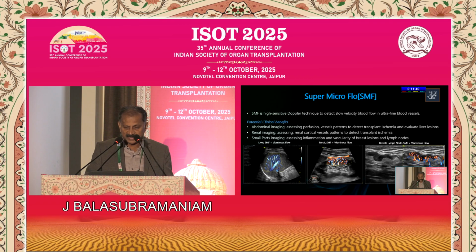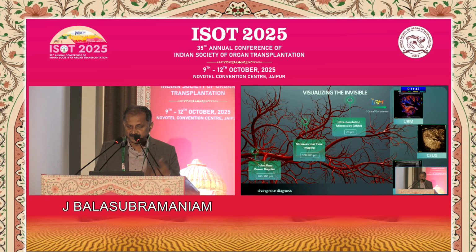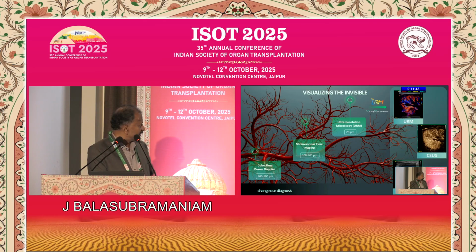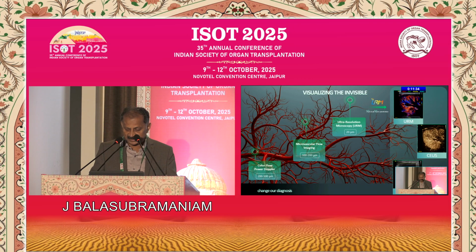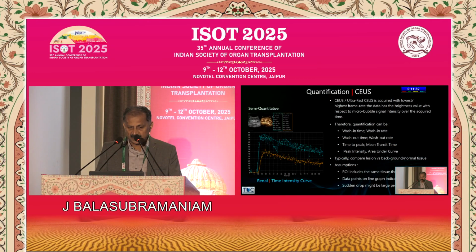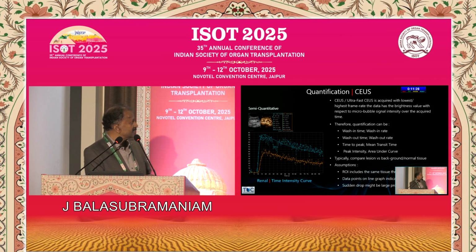And if all these parameters were used, and if you can identify them early, so this is simply to show that the normal color Doppler is sensitive here, microvascular flow imaging, ultra resolution, as small as 20 micrometer vessels it can pick up. And now it gives all these measurements which I took manually.